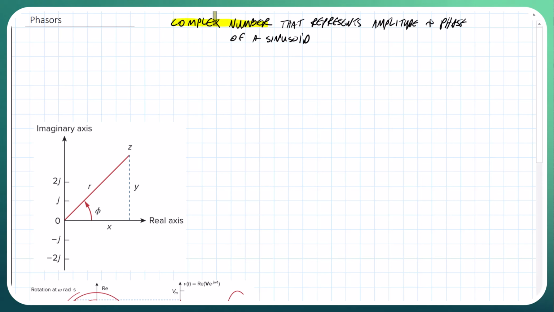To understand phasors better, let's do a quick review of what a complex number is. If we define this in rectangular form, the complex number can be written as z equals x plus jy, where j is equal to the square root of minus 1.